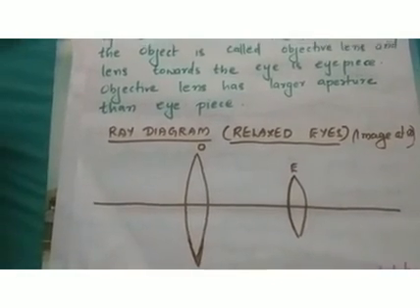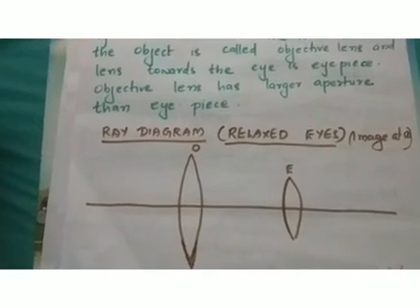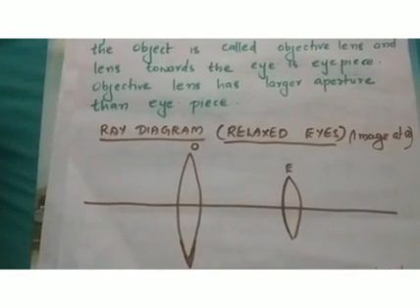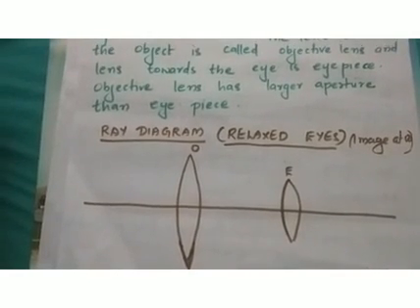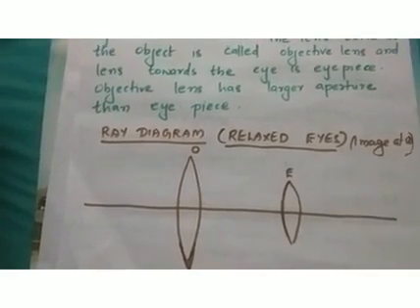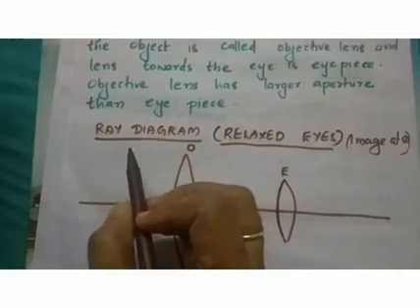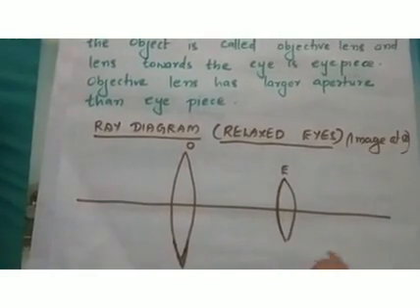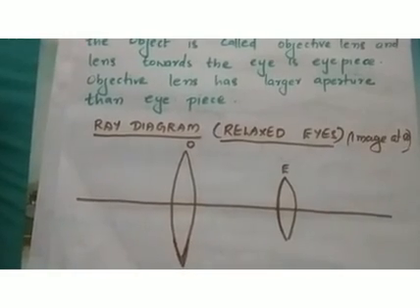Children, so we can discuss the ray diagram and we can draw the ray diagram showing how the image is formed at infinity in a telescope. Okay, so first we can represent the rays coming from the object. We have the object at infinity because you know the celestial objects will be at infinity.